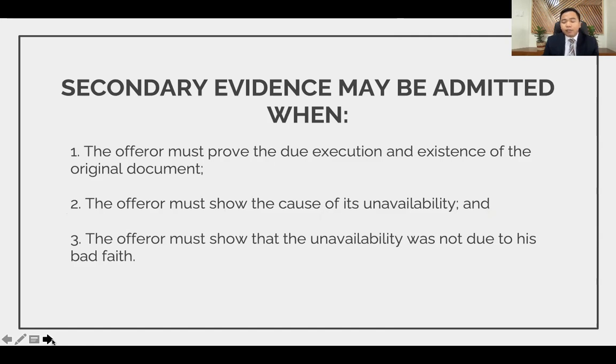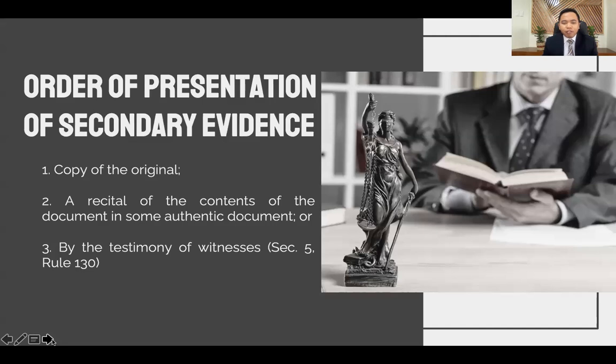Now, secondary evidence may be admitted when, first, the offerer must prove the due execution and existence of the original. Second, the offerer must show the cause of its unavailability. And third, the offerer must show that the unavailability is not due to his bad faith.